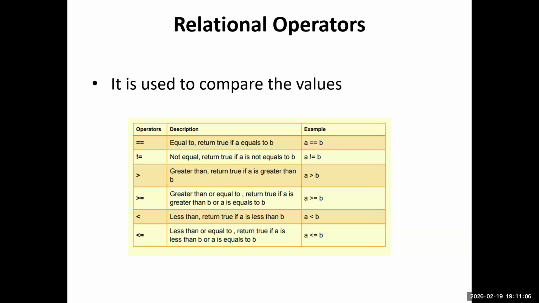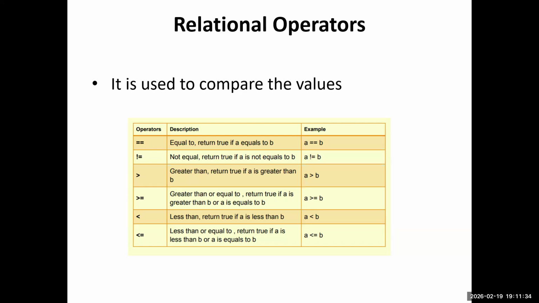So then we go to the relational operator. Whenever you use the relational operator, it helps to compare values. So if you want to compare values, you go for the relational operator. Here I have mentioned a few relational operators: double equal, not equal, greater than or equal, less than or equal.